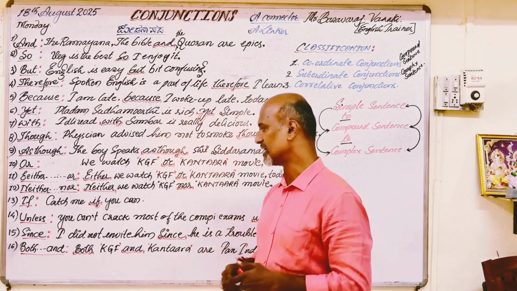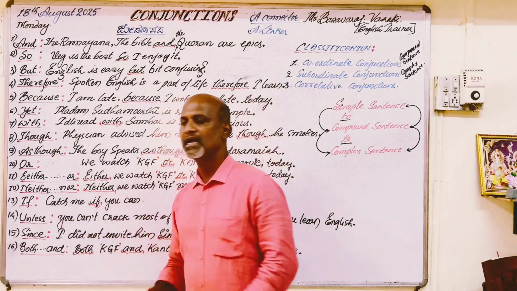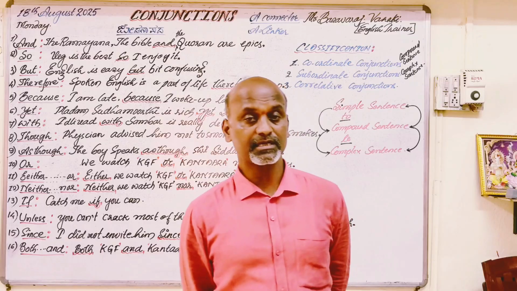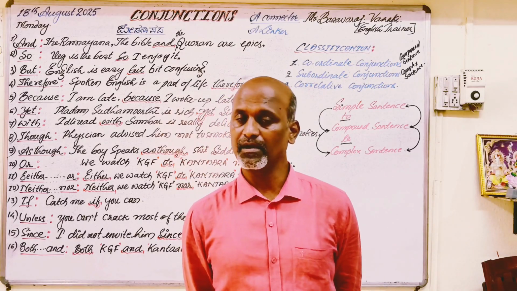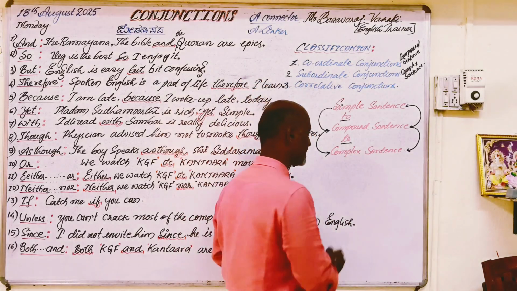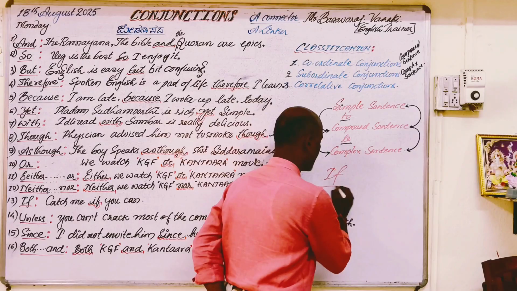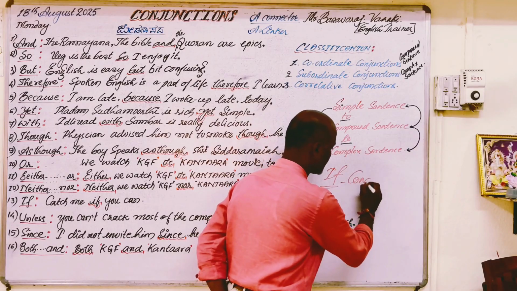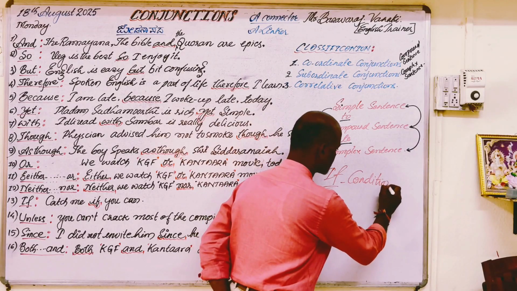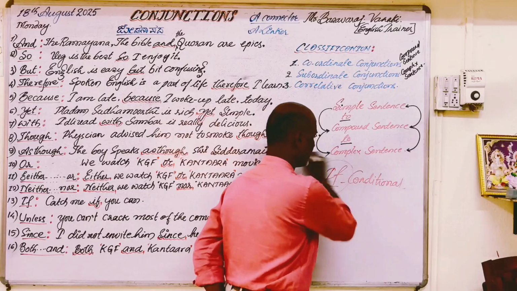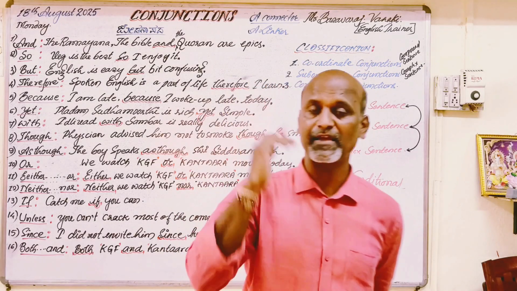Well, last few more students, let's look at. Number 13 is if. Children, you know what is this? If is a very beautiful conjunction. If is nothing but conditional. There is a poem on if.